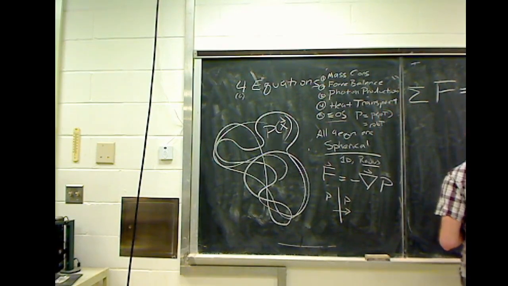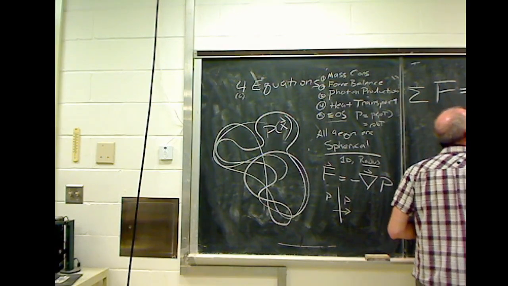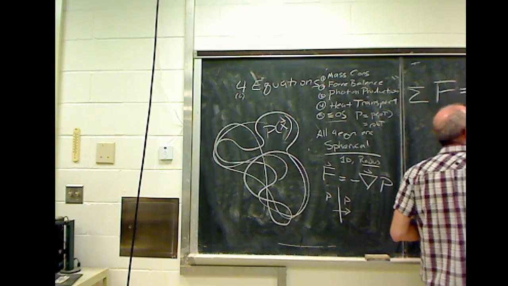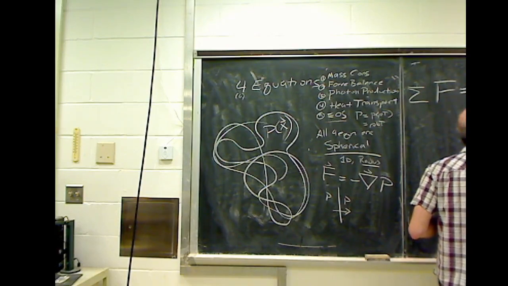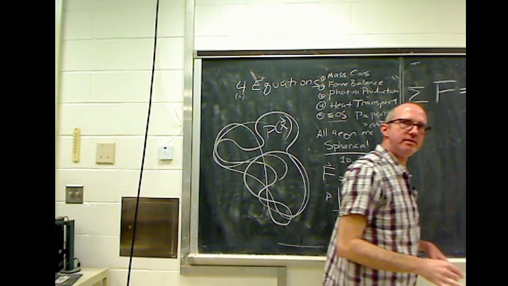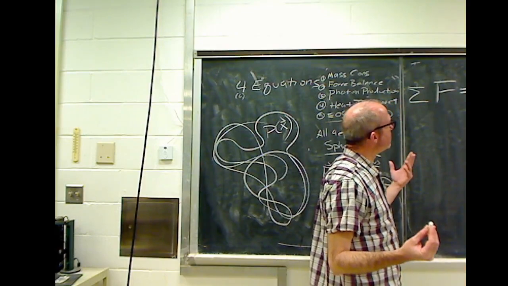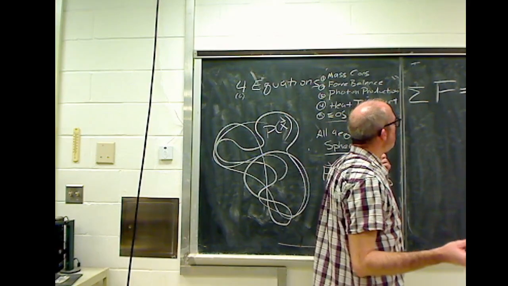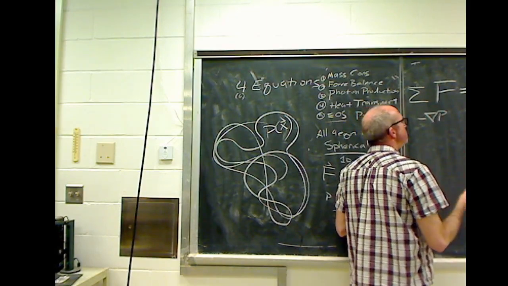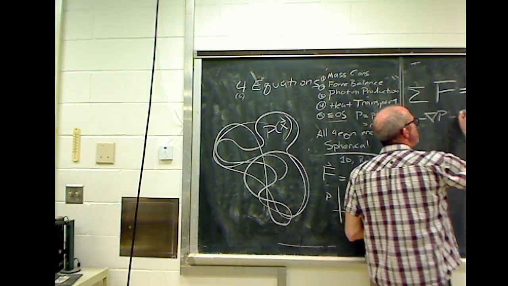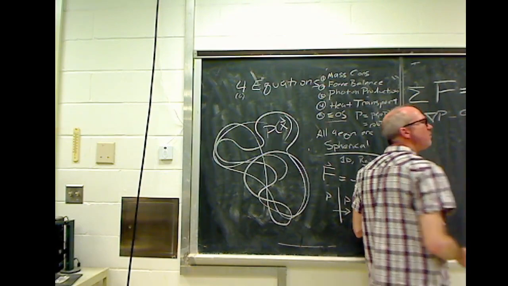So this equals 0 because we're going to assume that I have a spherical star that has a pressure gradient running outwards that's holding everything still. So let's work out what this has to look like. So what are the forces? One of the forces is minus grad P. And one of the forces is minus G M rho over R squared.